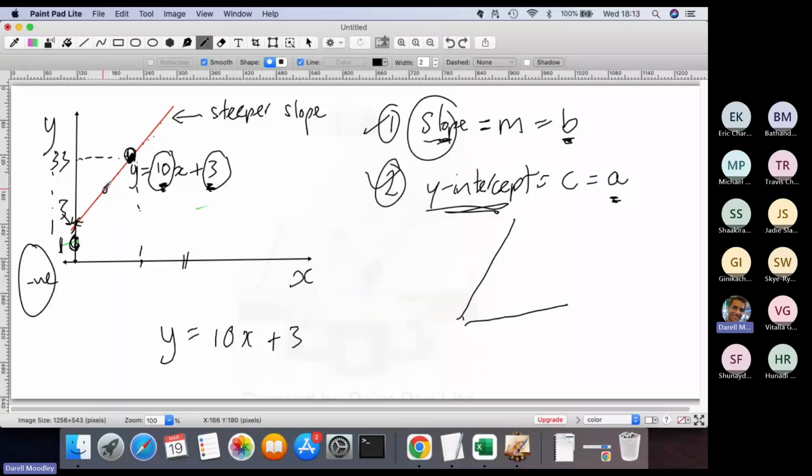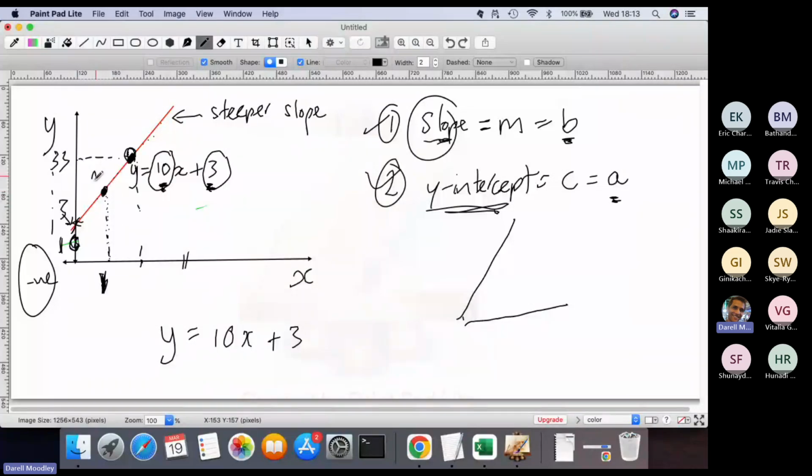So for instance, I want to know what this point is. Let's give it an x value of 1. If I pass that information to this line, I need to know what the value on this line is for x equals 1.